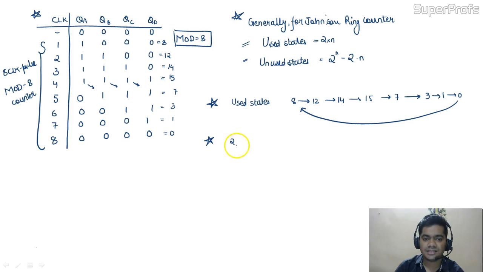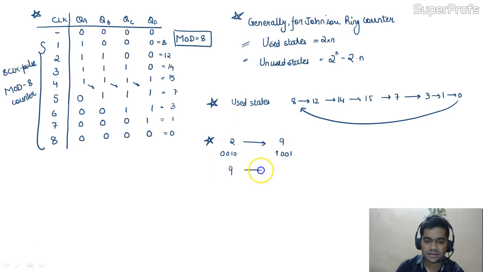If this is the output of this Johnson's ring counter, then as its binary equivalent is 0010, the next output would be 1001, that is 9. Okay, so the next state would be 9.